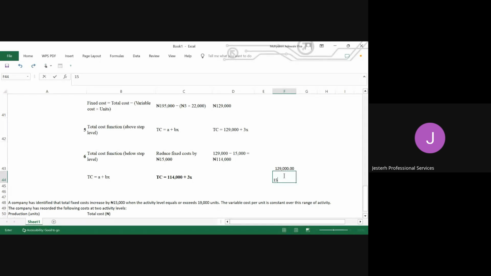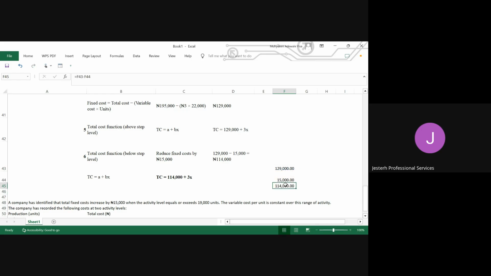Now, which is 15,000 naira that has been budgeted by the company. What we are going to do, we just say the total cost if the level of activities increases to 19,000 minus the 15,000 that the organization decided to put if the level of activities increases.